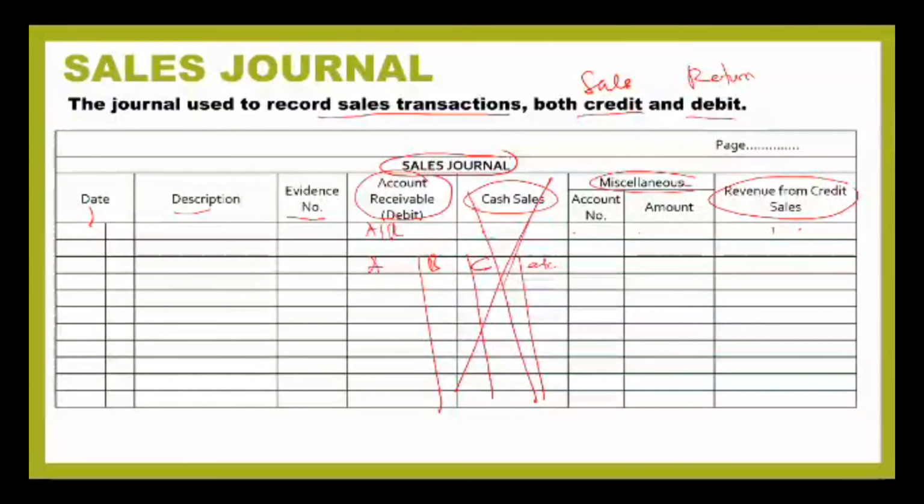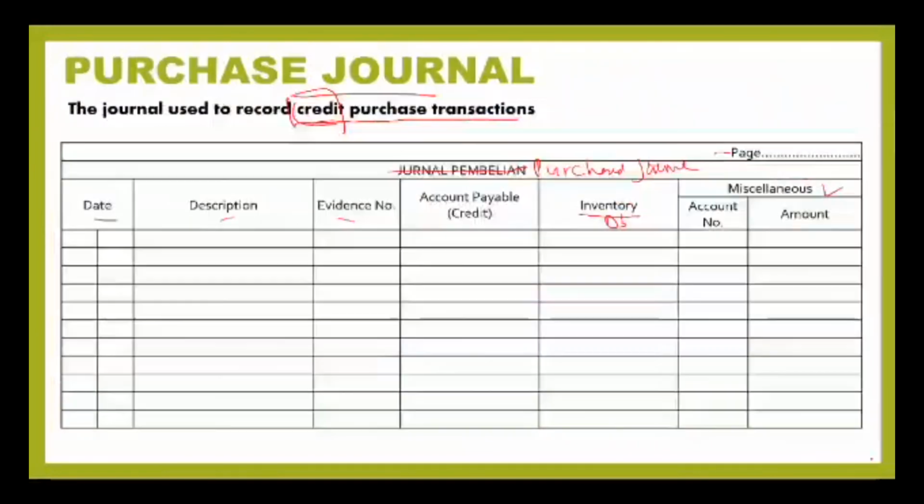So if customers A, B, and C frequently buy from your company, you may use a column for these three customers. Okay, it depends.